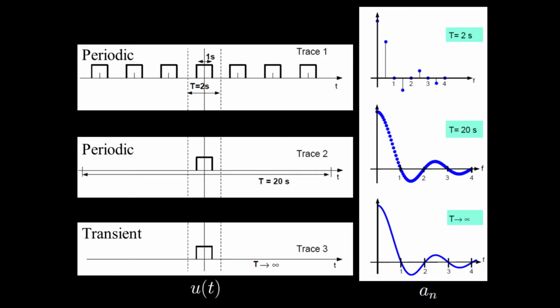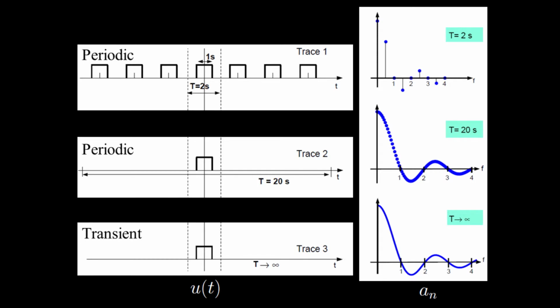As the period approaches infinity, that is, the transient case, both the amplitude and the fundamental frequency approach zero, but the amplitude per fundamental frequency remains constant.